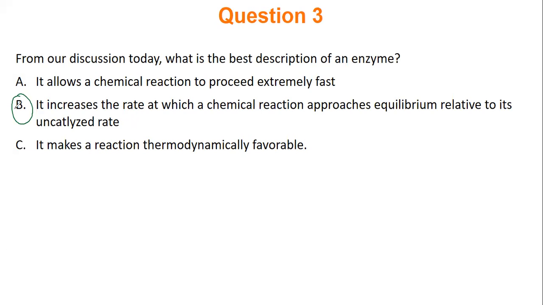The reason why A isn't right is because of the definition of extremely fast. A catalyst or an enzyme doesn't necessarily have to make the reaction go extremely fast, however you want to define that. All it has to do is make it go faster. Even if it increases it by 1%, that's still technically an enzyme or a catalyst.